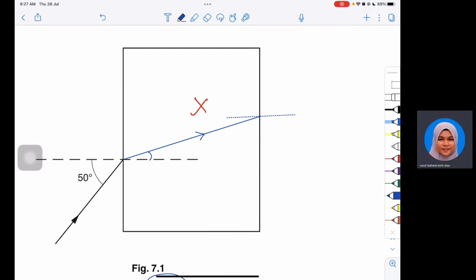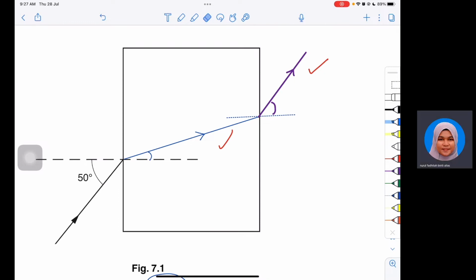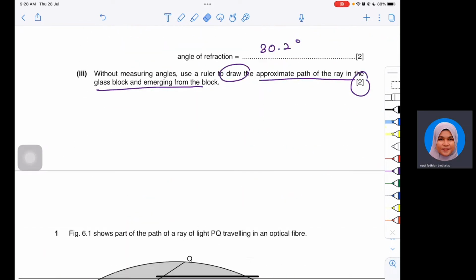The normal line, and then the emerging ray must be more than 2. So it's about 50 or so. Okay? Right? So what's the answer? Okay, so that's the mark. This one is also correct. The arrow must be there. Usually my students enjoy drawing. It's understandable, easy. No arrow, it's already wrong. Alright, mark your paper.